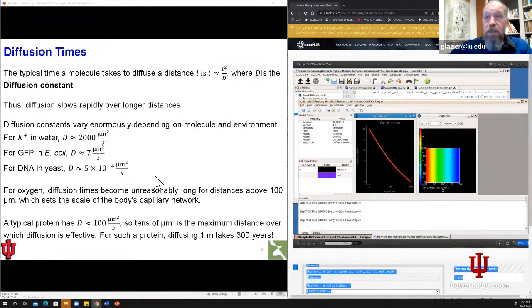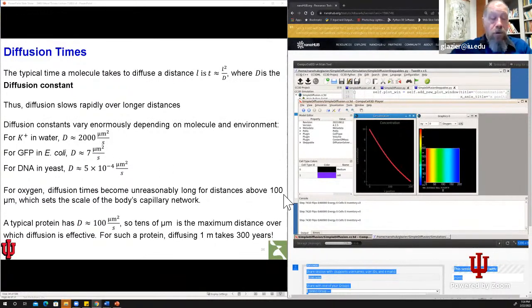But let's take just the example we have. For oxygen, I should have really used oxygen instead of an ion here. The diffusion constant for oxygen is comparable to that here. It's a little less. It's about 2,000 microns squared per second. So we want to know how long it is going to take for oxygen to go 100 microns. 100 squared is 10,000. 10,000 divided by 1,000 is 10.